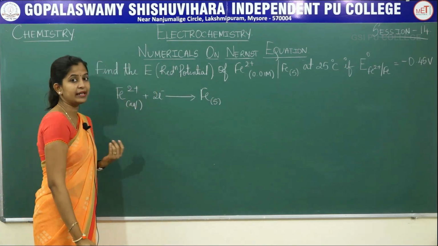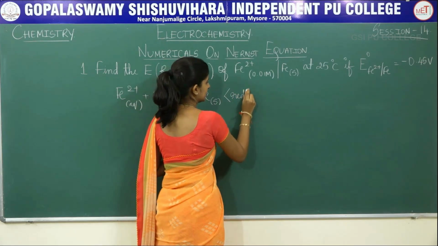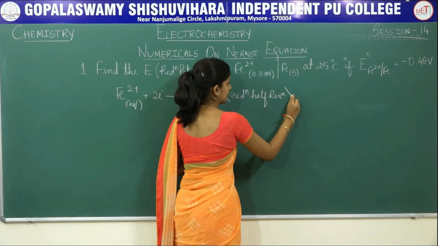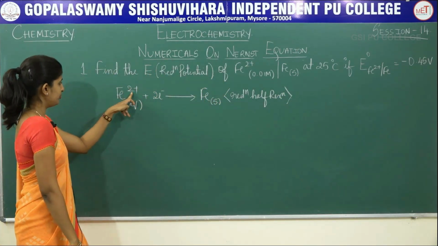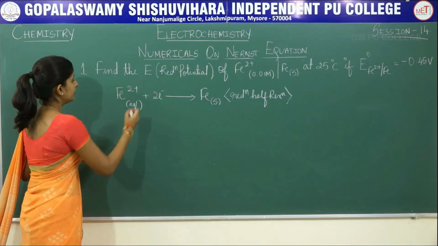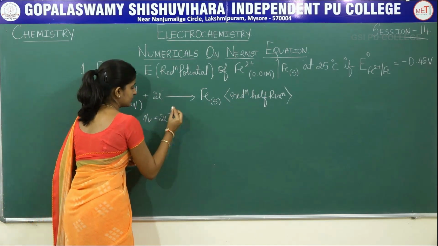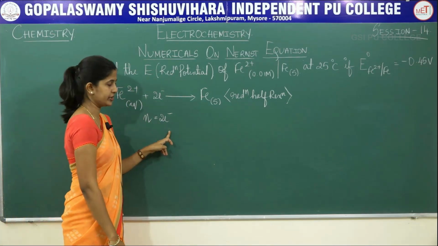You can observe this is a reduction reaction, a reduction half reaction. From this I can withdraw the information that n is equal to 2 electrons, because we require this n.